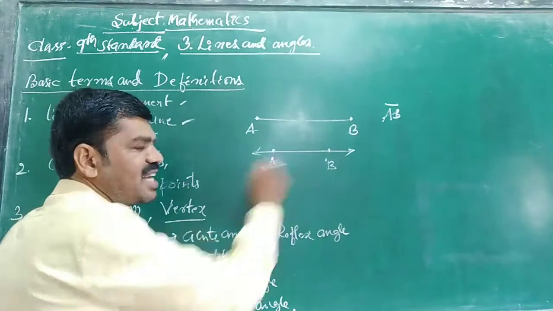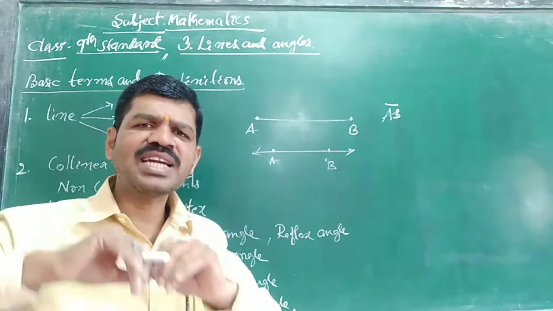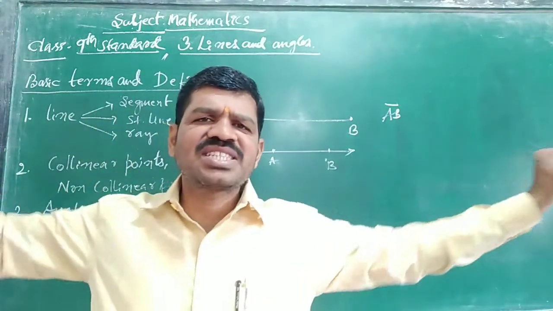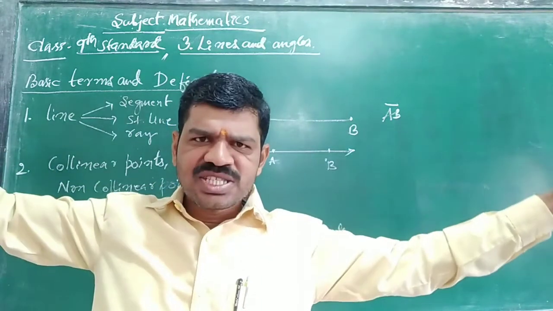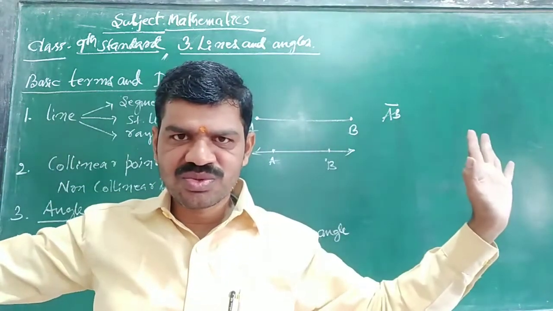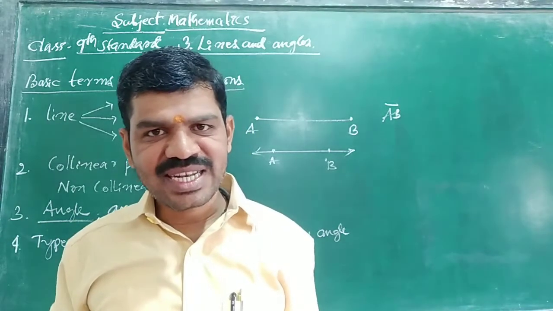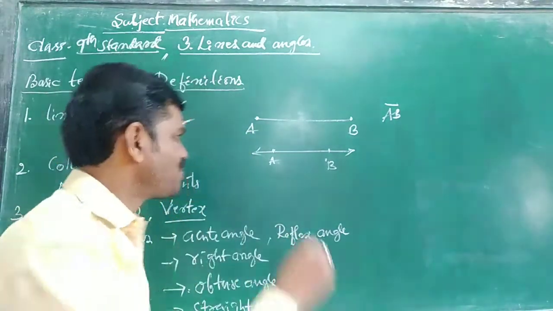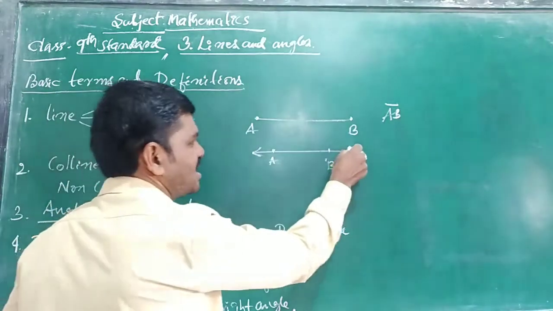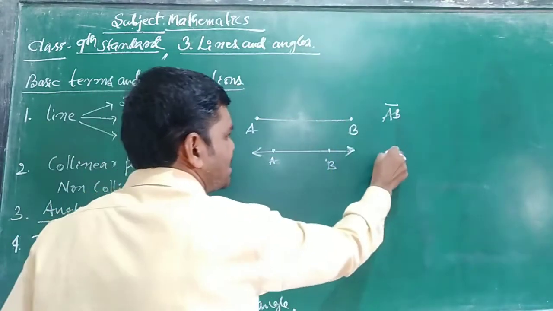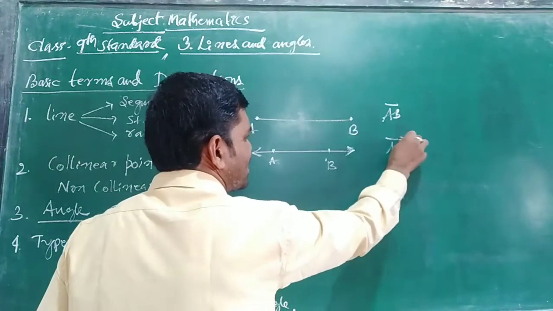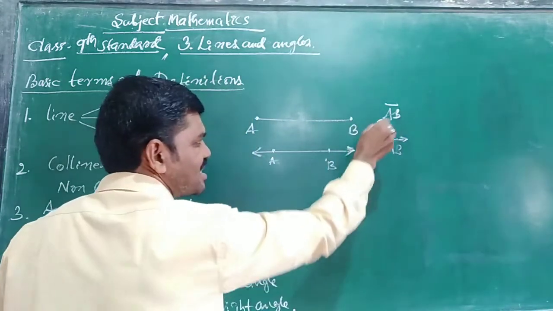But a straight line is not a part of a line. A straight line is a line which extends unlimitedly, up to infinite distance. That kind of line is called a straight line. So arrow marks are there. It is going up to infinity. This can be written as AB, like this. This is a straight line. This is a line segment.